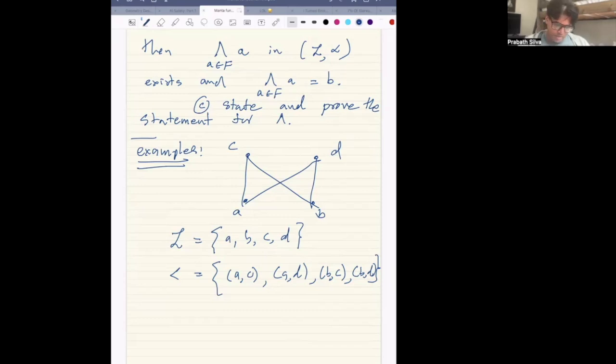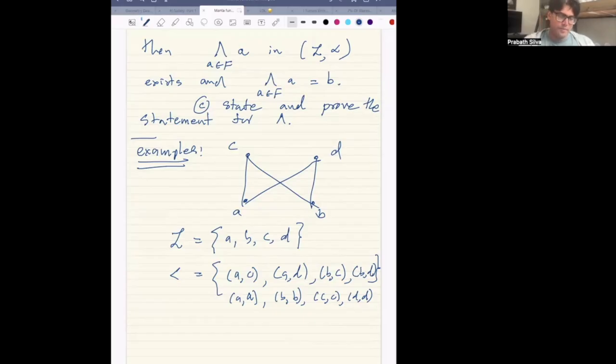And what is A, A, B, B, C, C, and D, D. Okay, so you have those things too, because it has to be reflexive. Yeah, but the picture is like C is bigger than or equal to A, and so on.